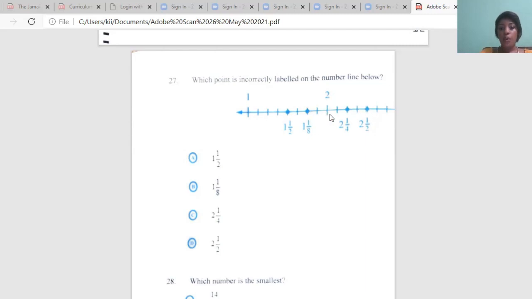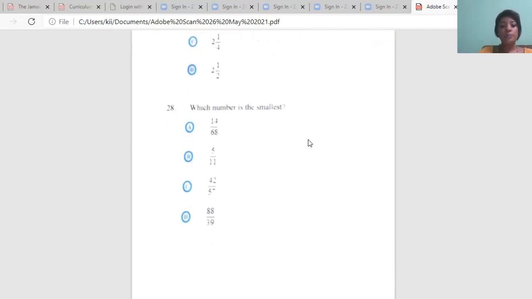And then I know that 1/4 would be halfway between 2.5 and 2. So halfway between, because there's 1 short piece here and 1 short piece here, I could say that 2.25 is halfway between. So I know that these ones are represented correctly. So the answer is 1 and 1/8. So that's B for 27. Let's move on to 28.